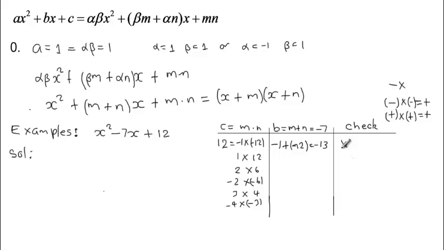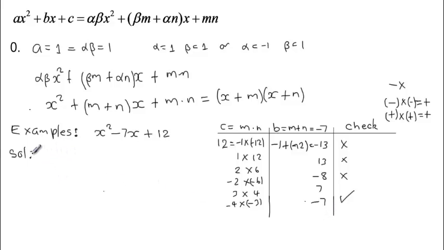So we know that from these ones we're going to get 13, and from this we're going to get minus 8. So that is not minus 7. And here we're going to get 7, and there we get minus 7. So this is the option we're going to take.